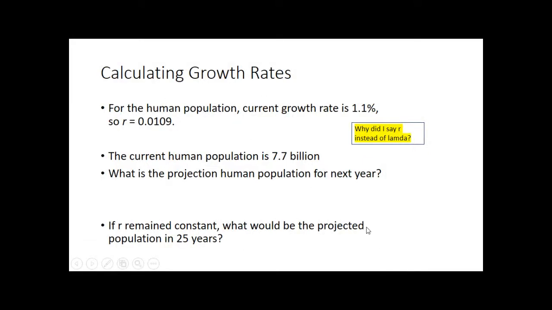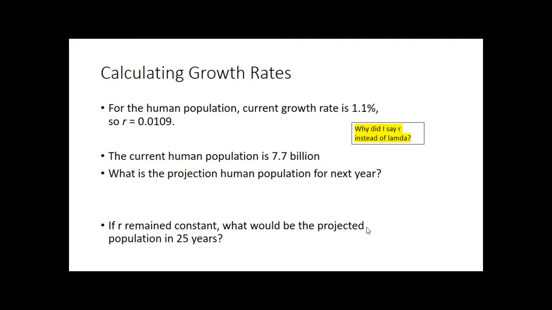Right, so on Wednesday, we had been talking about using the growth rates lambda and R as an alternative, or possibly in addition to, looking at population abundance growth alongside our life tables.